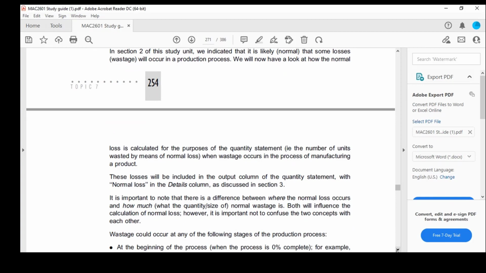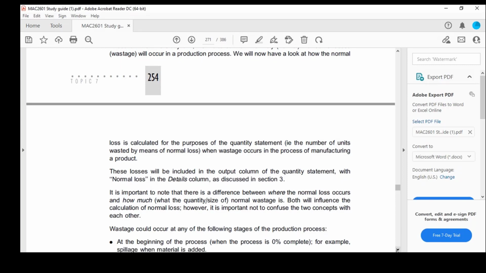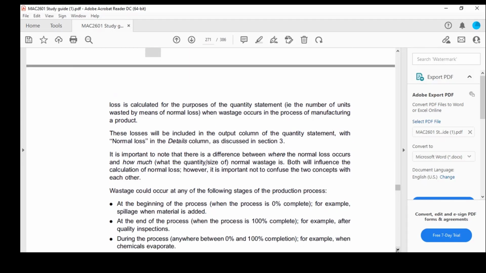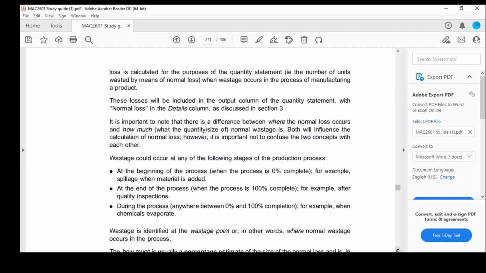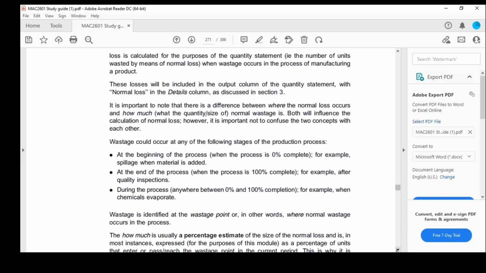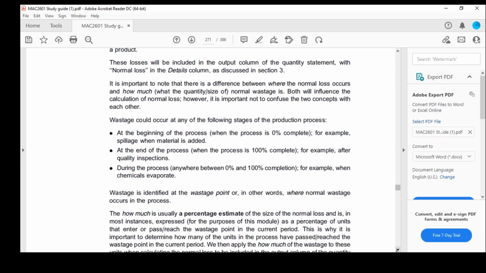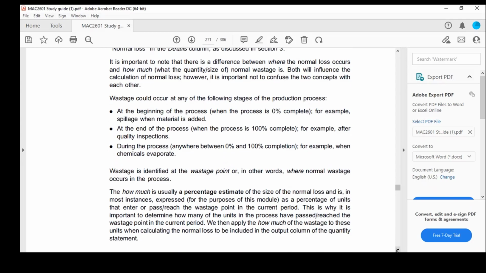So now, we are going to look at normal loss, right? Wastage, which is another word for normal loss, and how you calculate it inside the quantity statement, because we have to include it as part of your output column. It's important to note that there's a difference between where the normal loss occurs and how much, meaning the quantity or size of the normal wastage is.